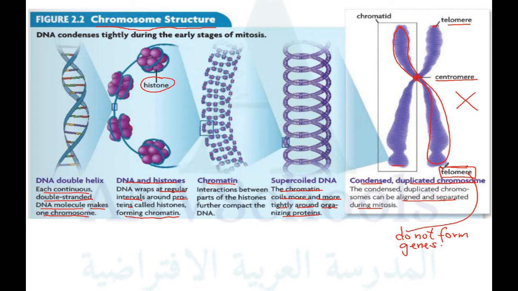A short section of the nucleotides is lost from a new DNA molecule each time it is copied. So each time DNA is copied, there will be a loss of short nucleotides.